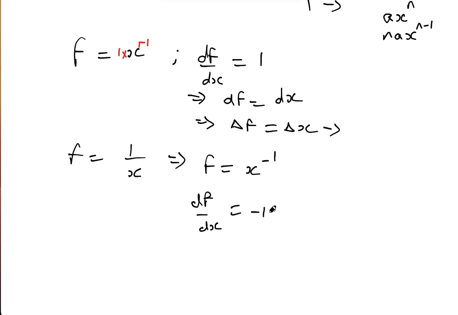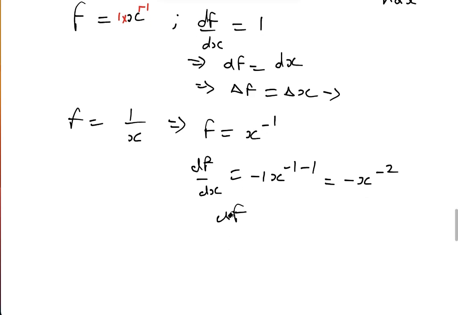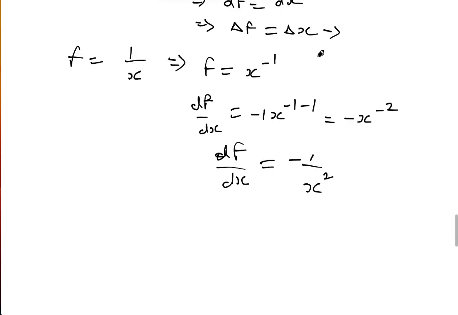So you have negative 1, then x raised to minus 1 minus 1, and this will be negative x raised to power negative 2. If you like, you can rewrite this using indices, that df/dx equals negative 1 over x raised to power 2. So what do you do next here? Cross multiply. So you have df equals negative dx over x squared.